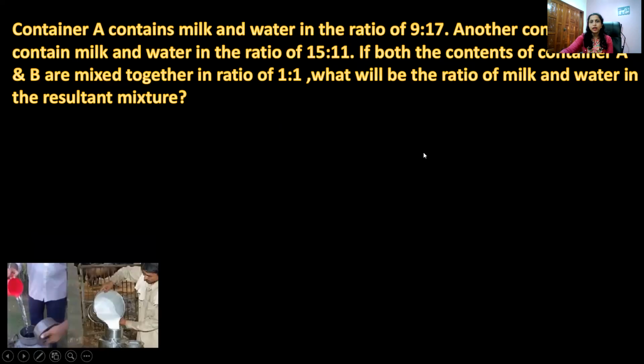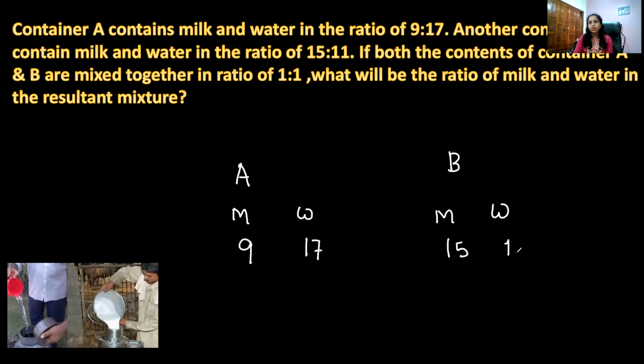Let's go ahead. Container A contains milk and water in the ratio of 9:17. Similarly, another container B contains milk and water in the ratio of 15:11. Check the sum: 26 here and another 26 here.